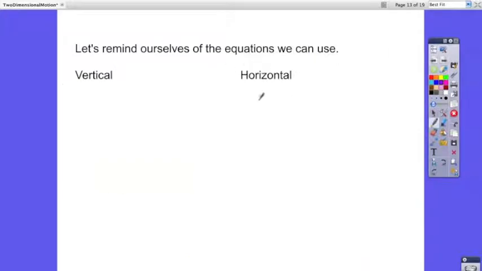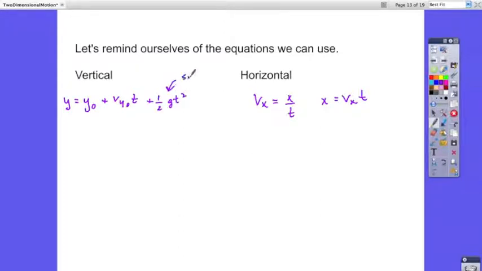Same equations. Horizontally, Vx is x over t. And we'll have to rearrange that sometimes to say x is Vxt. But they're the same equation. So it's not two equations to know, just one equation to be able to manipulate. Vertically, y equals y0 plus Vy0t plus 1/2 gt squared.